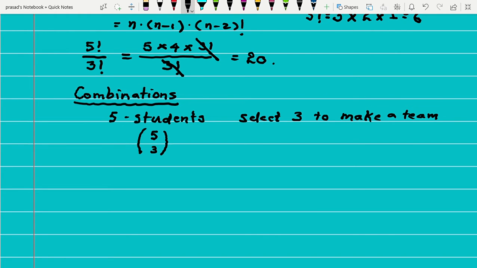So 5C3, and on your calculator the combinations are ready for you. You have to first press, if it is Casio, the scientific calculator, press 5, then you press shift, and after that press division sign.